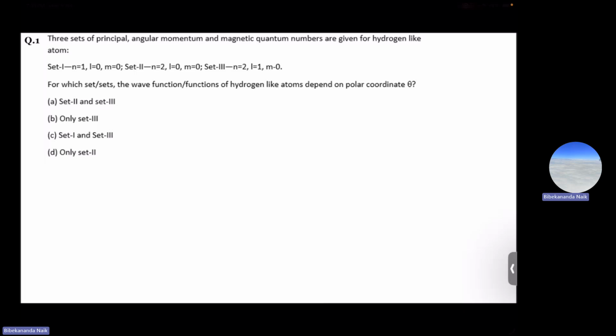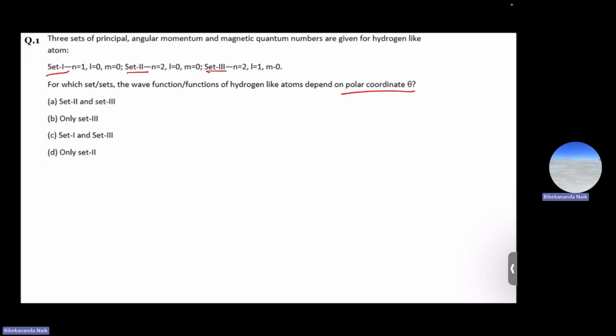And the question says, for which set or sets will the wave function of the hydrogen-like atom depend upon the polar coordinate theta. So out of these 3 cases, in which of the cases, it may be one or more than one, will the wave function be a function of theta.